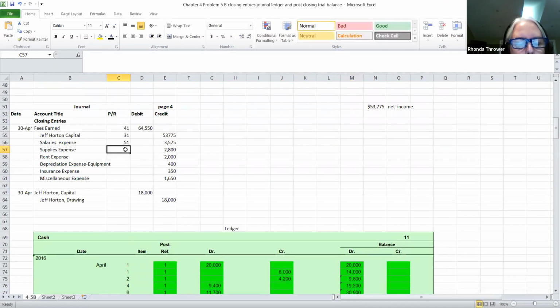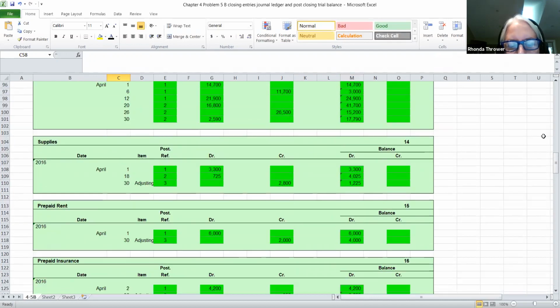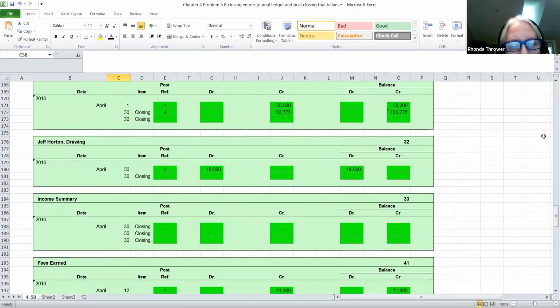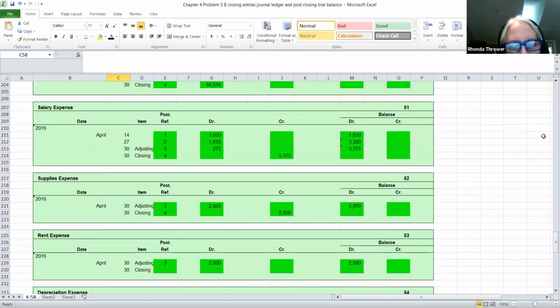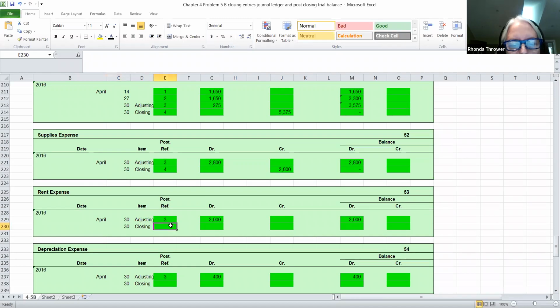And put it in your journal. I'm going to post to my rent expense account. Page number 4. Closing out the expense account, and I'm going to pick up 5-3.